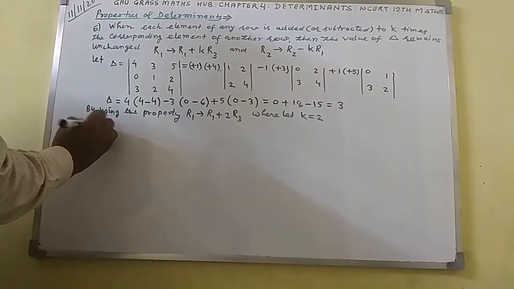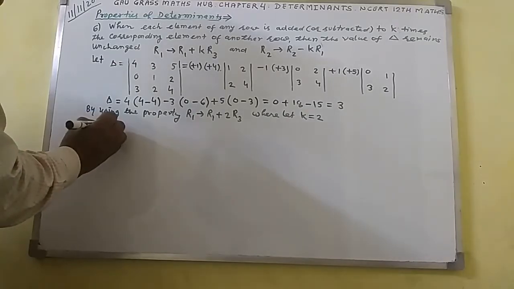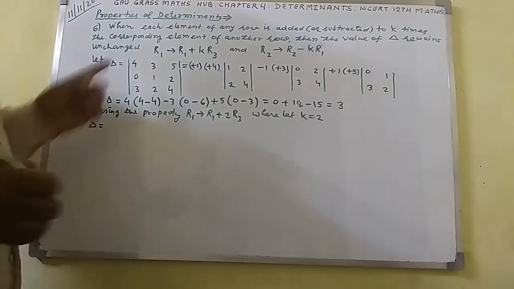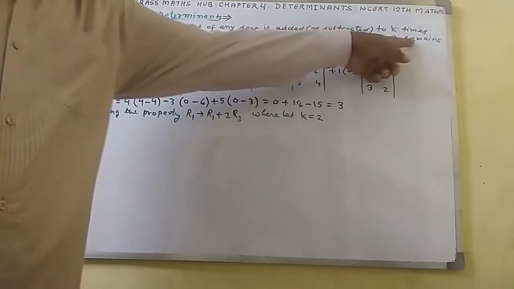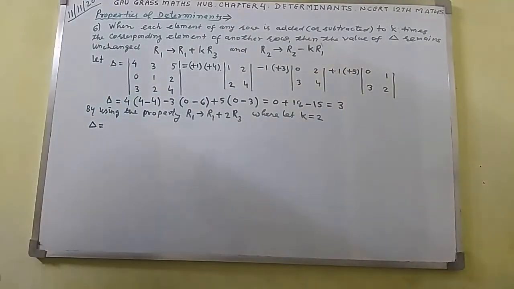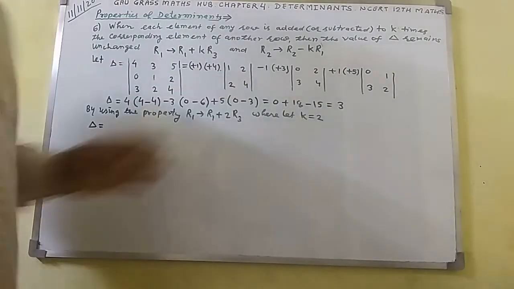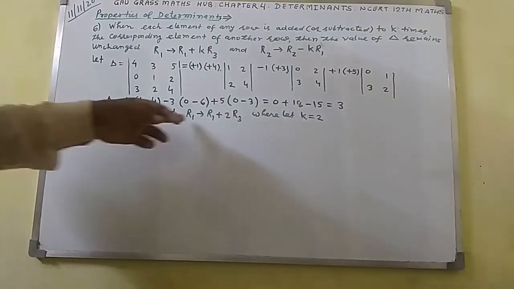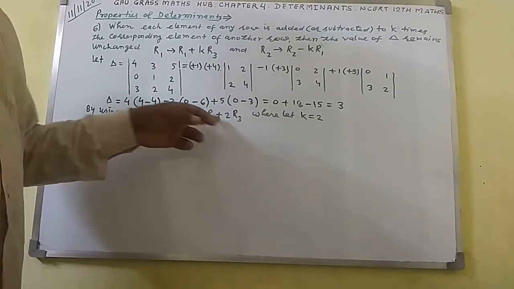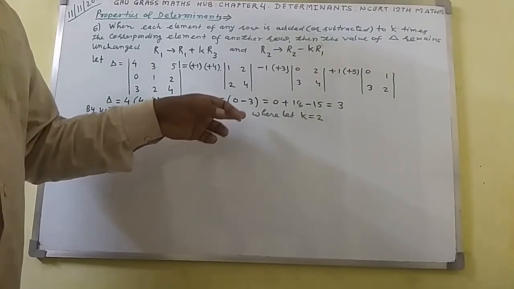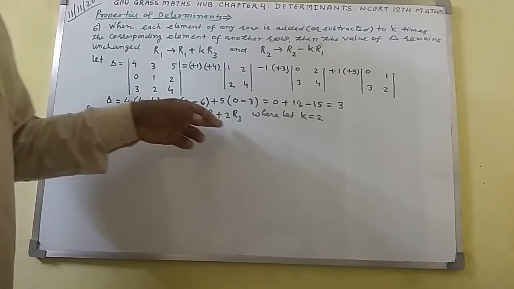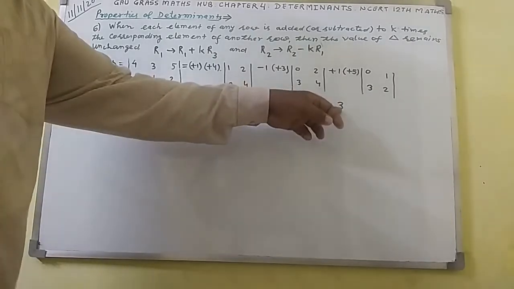Here write this determinant, the same determinant will occur, because it says the value of the determinant remains unchanged. Means the value of the determinant will not change. It comes out to be 3 here. By using this property R1 goes to R1 plus 2 times R3, we will get the value of the determinant as 3.